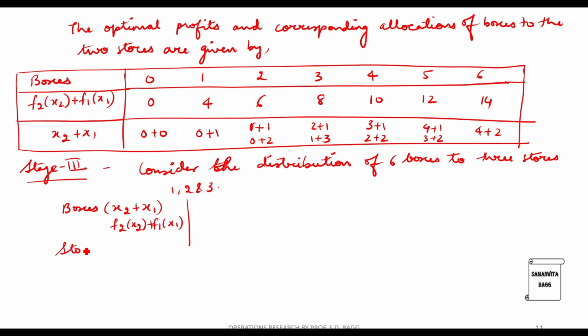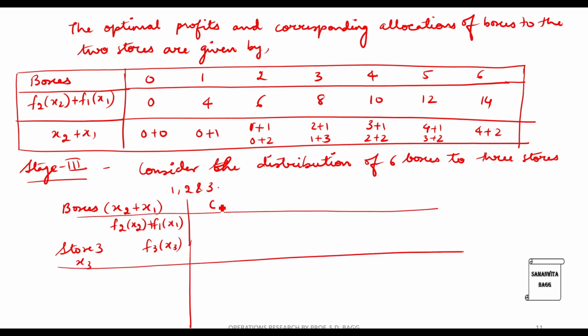Then I'll write down store 3, so corresponding x3 and f3 x3. So this will be 0, 1, 2, 3, 4, 5, 6. And the profit value is 0, 4, 6, 8, 10, 12, 14. Here again I'll have 0, 1, 2, 3, 4, 5, 6, and the values over here are 0, 6, 8, 8, 8, 8 and 8.